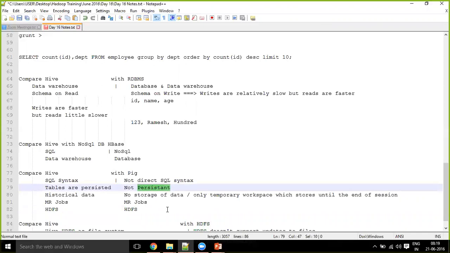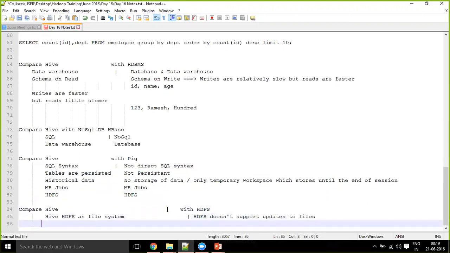Once you come out of the Pig session, that relation will be lost. This is just an overview to explain the pros and cons, the strengths and limitations of Hive, so at least now you can tell what it can do for us and what it cannot do.